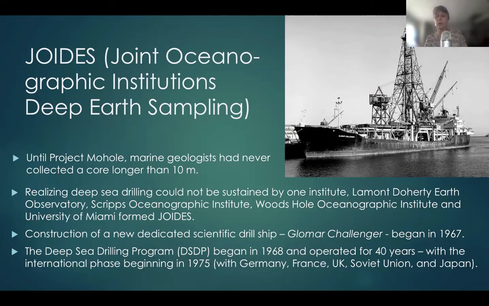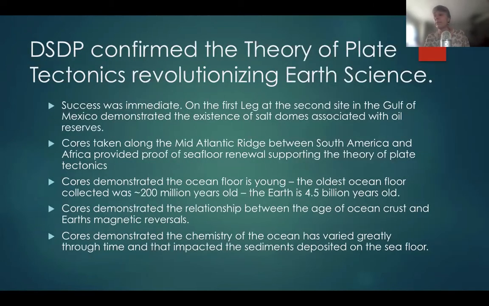Okay, almost immediately they had success because we didn't know what was on the seafloor. On the first leg, the second site they headed to demonstrated that there were actually salt domes in the Gulf of Mexico, and underneath those salt domes, there were oil reserves. And so that made the oil companies incredibly happy. Already success.